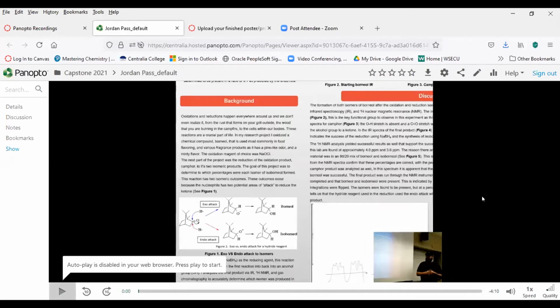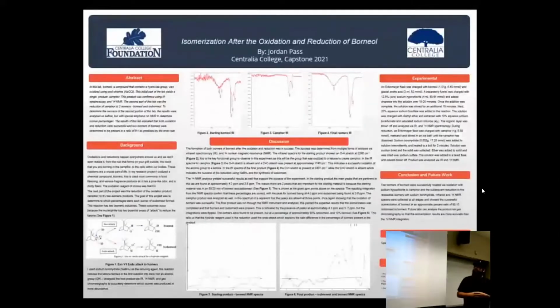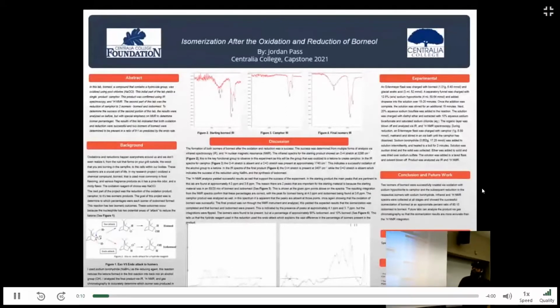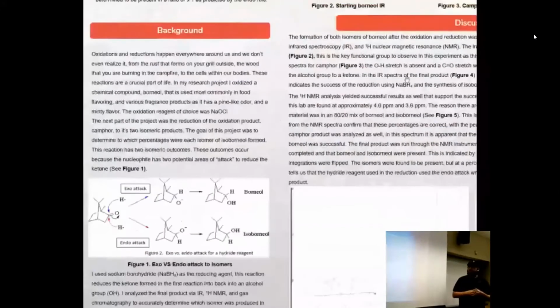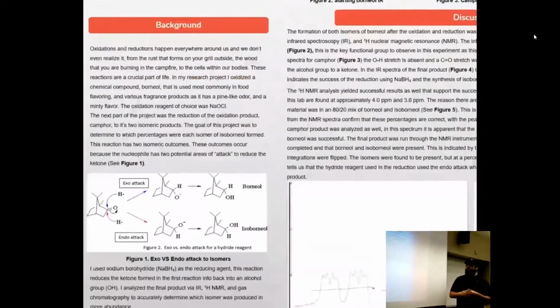All right. I did my research project on the isomerization after the oxidation and reduction of borneol. Borneol is also used in fragrance and food flavoring, just to give a nice fragrance and a nicer taste if it's more on the minty side.